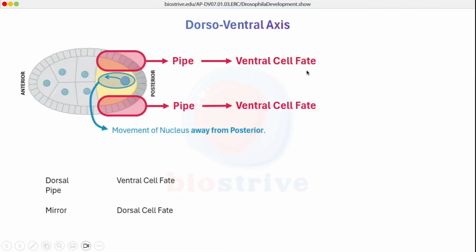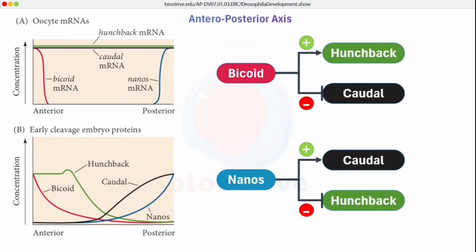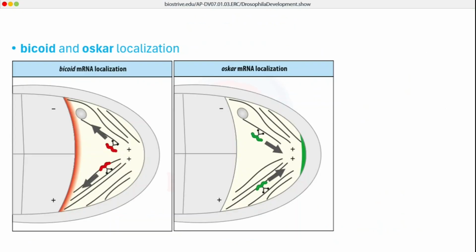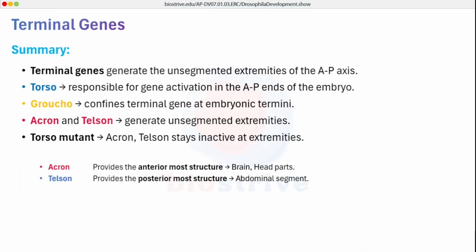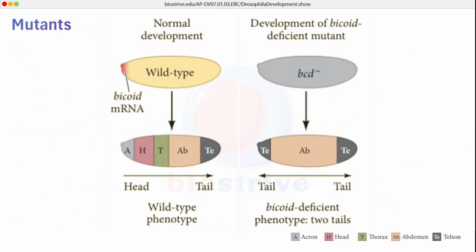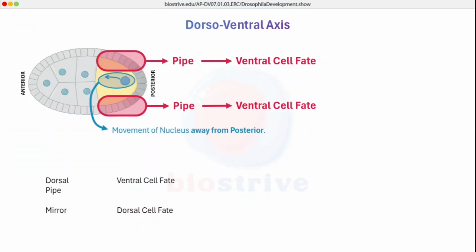So the default fate of all these follicle cells, whether upper follicle cells or lower follicle cells, is ventral cell fate. The cytoskeleton has already been relocalized, we saw in this diagram here, and due to this reorganization of the microtubule cytoskeleton, we saw certain movements which were required in anterior-posterior development.